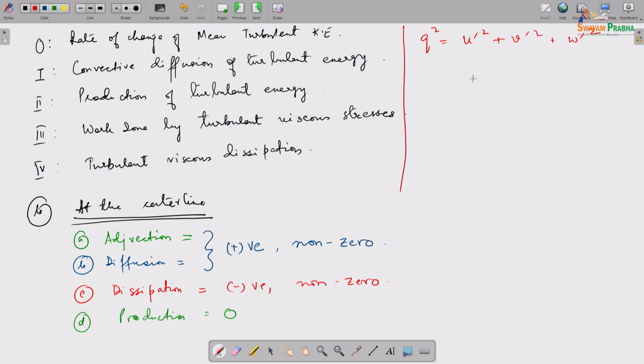So this one is the K. We are looking at the maximum value of that, and that happens a little before the jet half width, and then it starts decreasing. So if you go here, this is the jet half width.